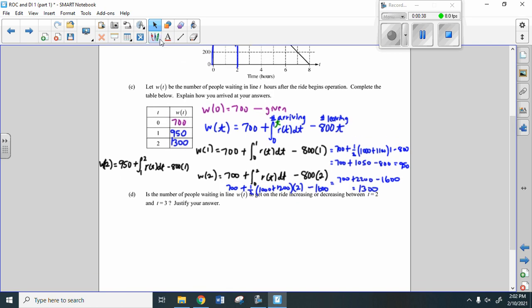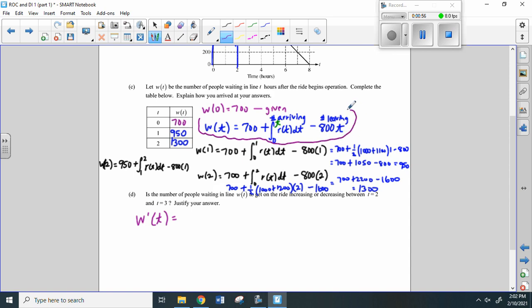So what we want to do is we actually want to find the derivative of W of T. And remember, W of T was this function that we wrote up here. Okay, here's our W of T, right? And I want to take the derivative of it.